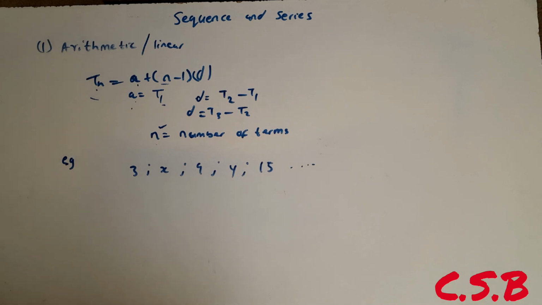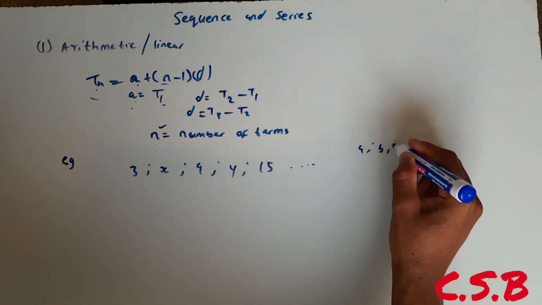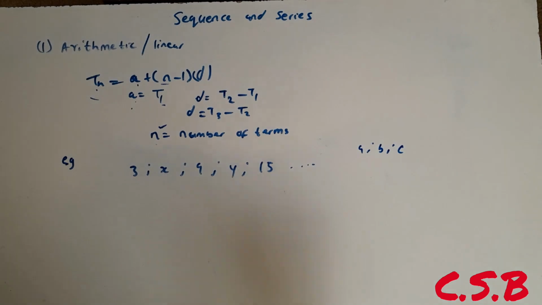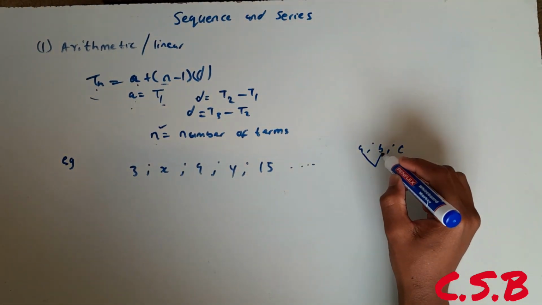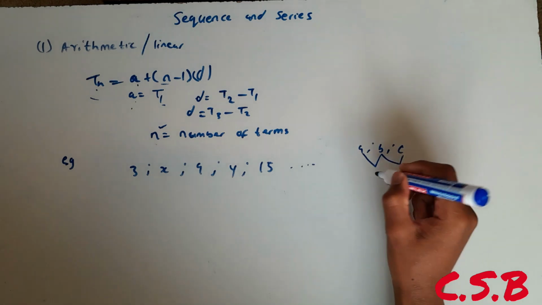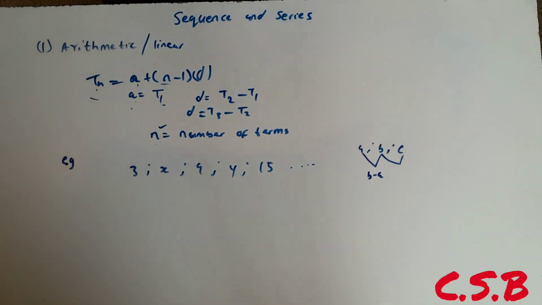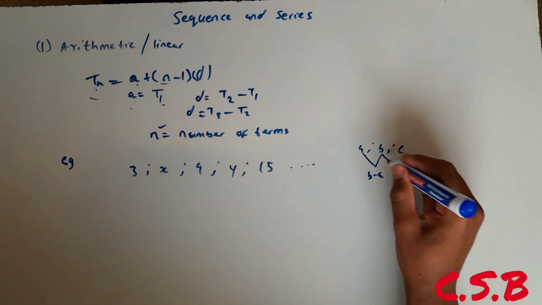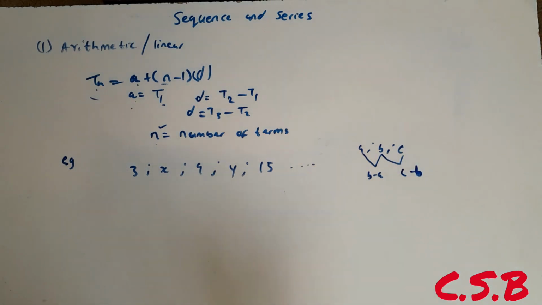So remember from your quadratics in grade 11, something like a, b, c, right? You had to get your first difference. The first difference will be b minus a. I'm just doing a typical example. Then that's your first difference, right?